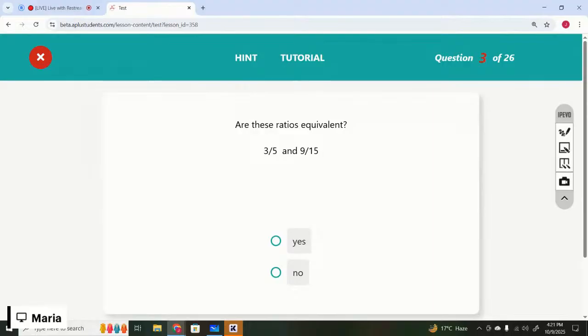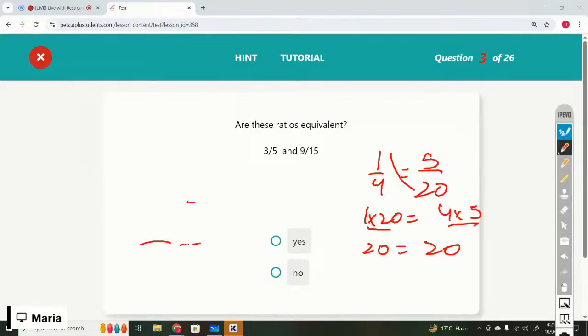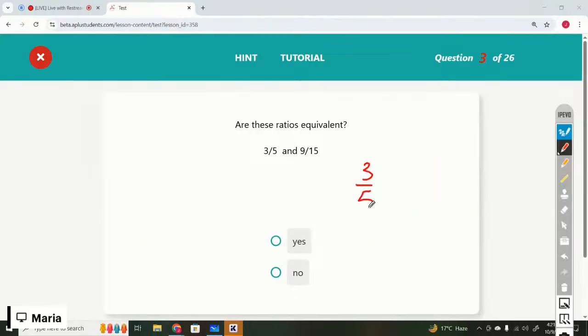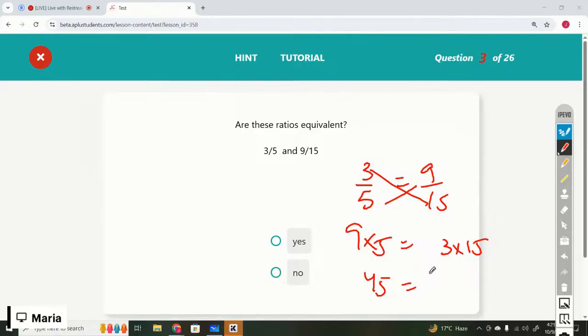Three by 5 and 9 by 15. Cross multiply them. You need to do 9 times 5 and you need to do 3 times 15. So 5 times 9 is 45 and 15 times 3 is 45.